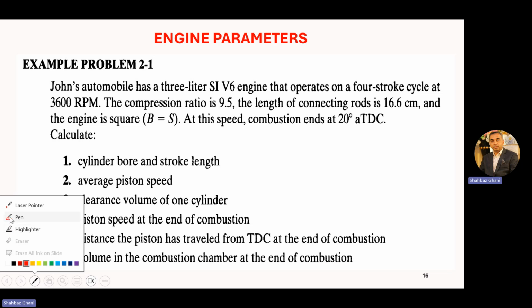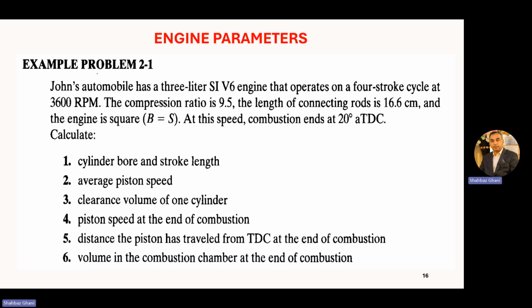First we read the statement. This is your example 2-1. A person, John's automobile has a 3 liter. No, it is giving you the total volume of an engine. SI engine, V6 engine that operates on a 4-stroke cycle at 3600 RPM.